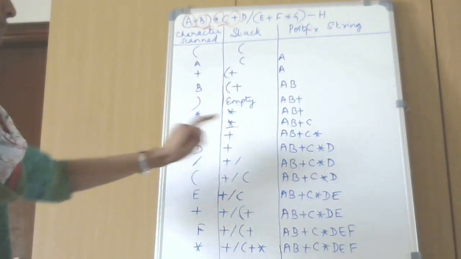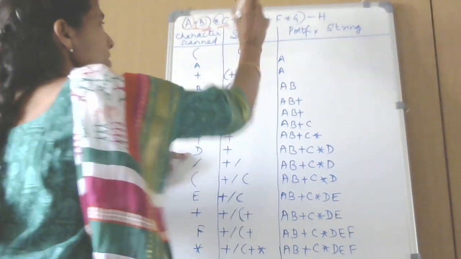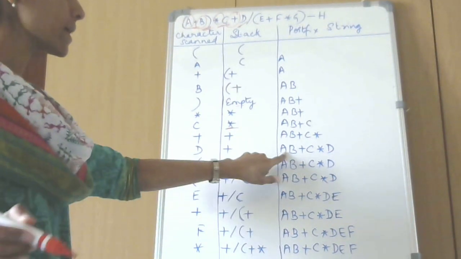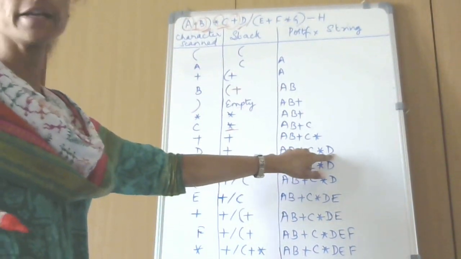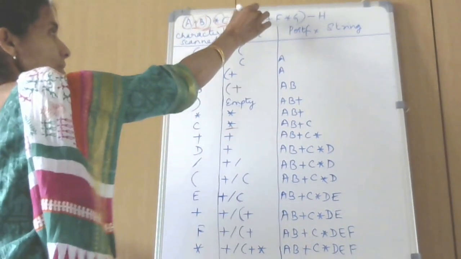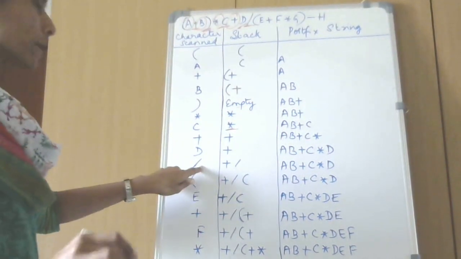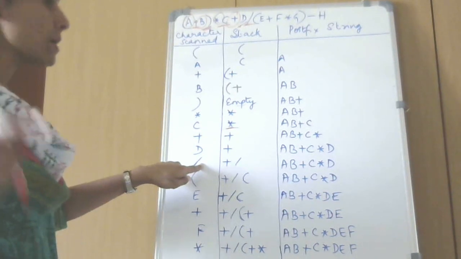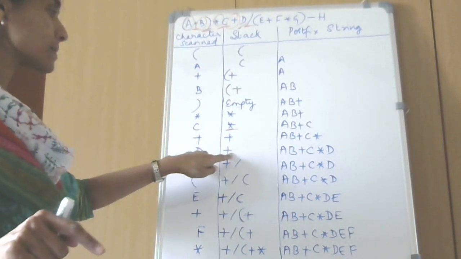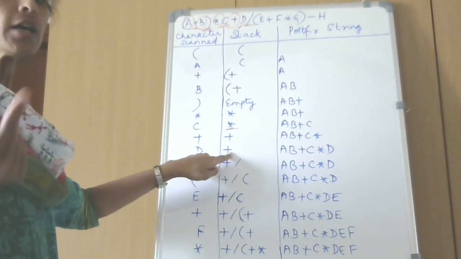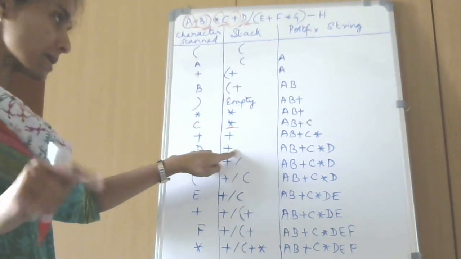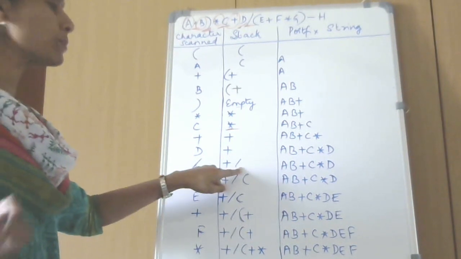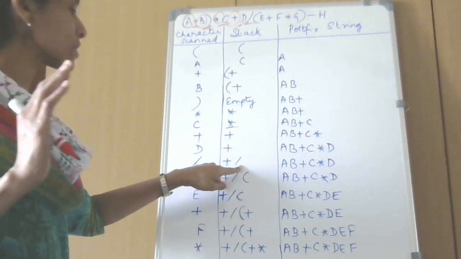Next is D. D is an alphabet, so plus in the stack will remain as it is, and the postfix becomes A B plus C star D. Next is a slash. Slash is an operator again, so I have to push it onto the stack based on priority. Plus is already in the stack, which is of a lower priority, and slash is of a higher priority, so I can simply push the slash into the stack.